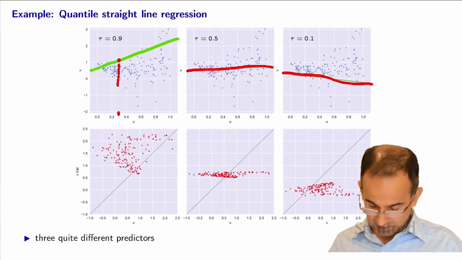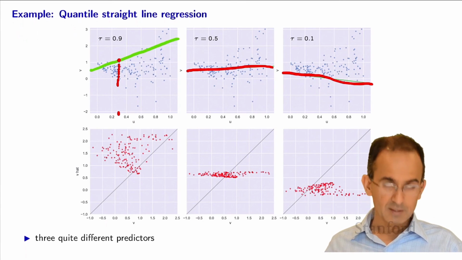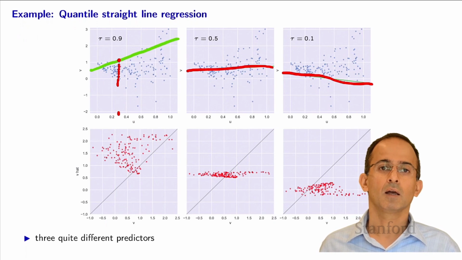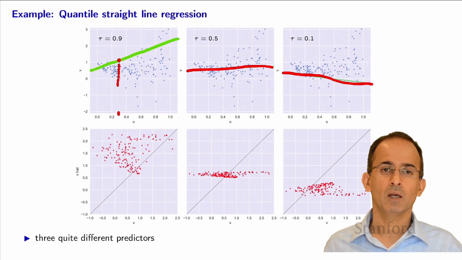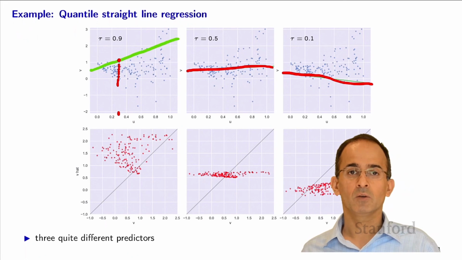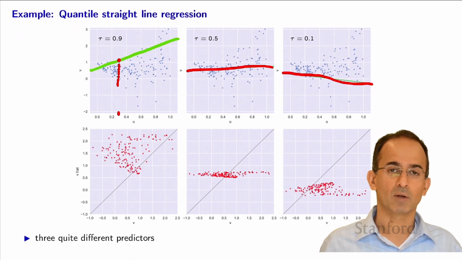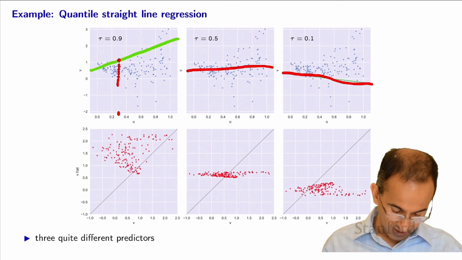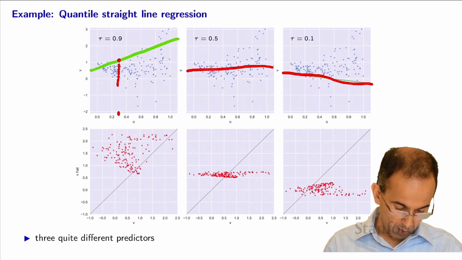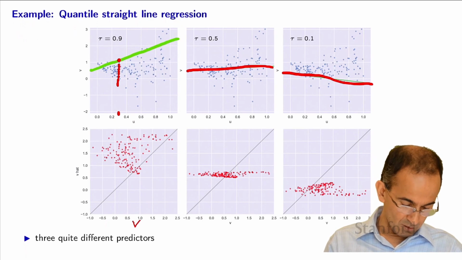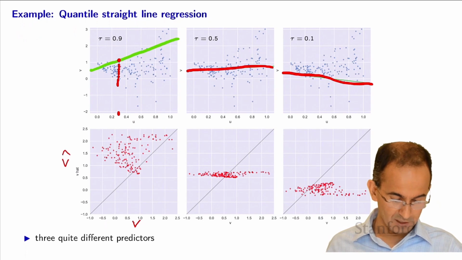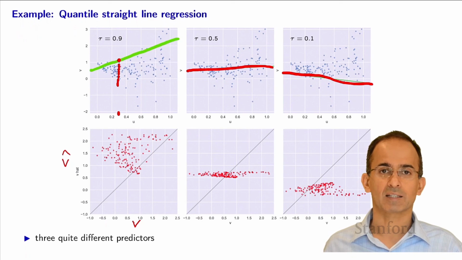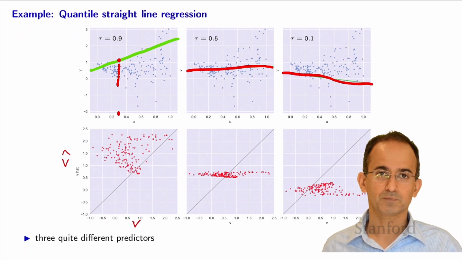Another way to view this data is to plot the predicted value and the true value for the data points on one plot. So here we have the true value of v or of y, and here we have the predicted value v hat on the vertical axis of each of these three plots.